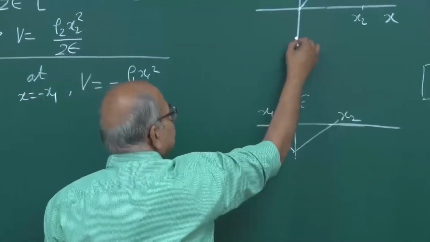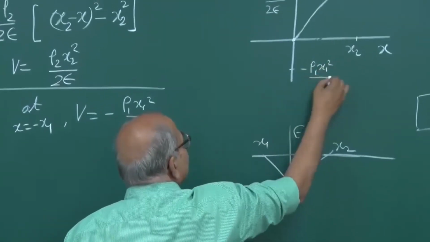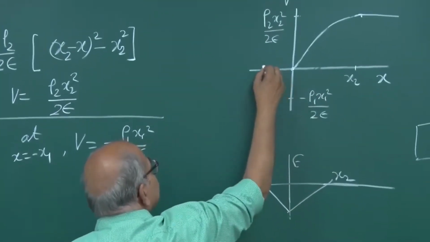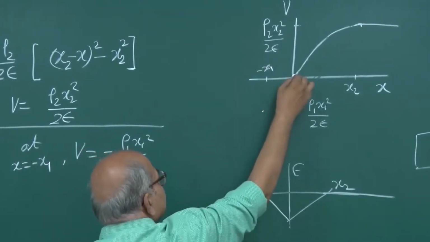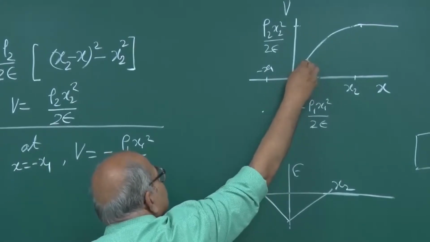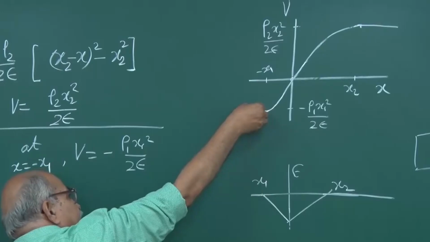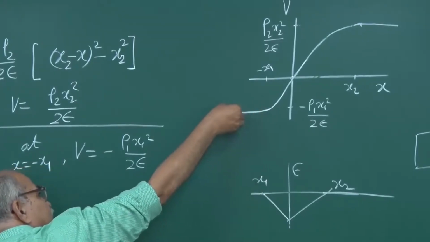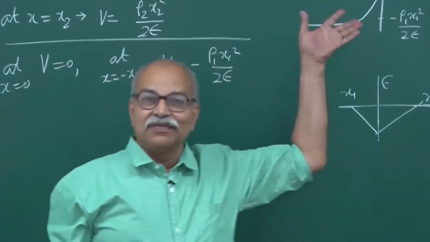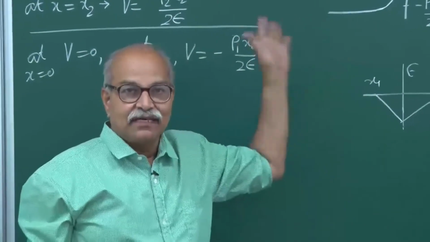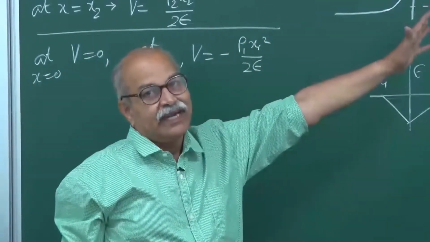So if this point here is minus rho 1 x1 square over 2 epsilon, and this point is x equal to minus x1, then you have to join this point and this point. So this comes like this, and then it turns, and here the slope should become 0, and then it should become constant.